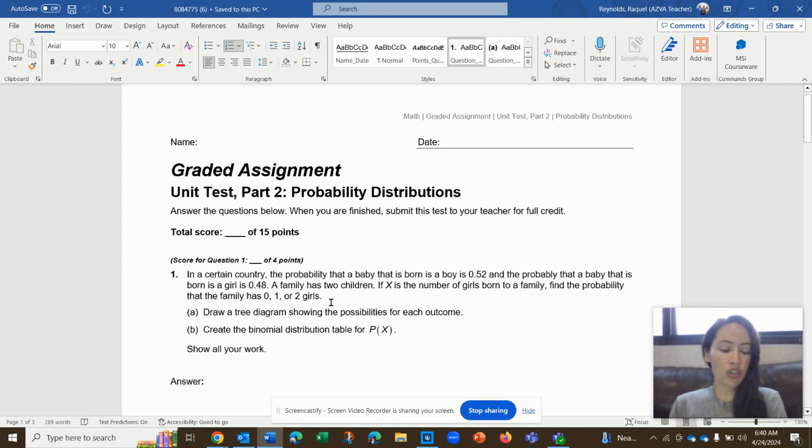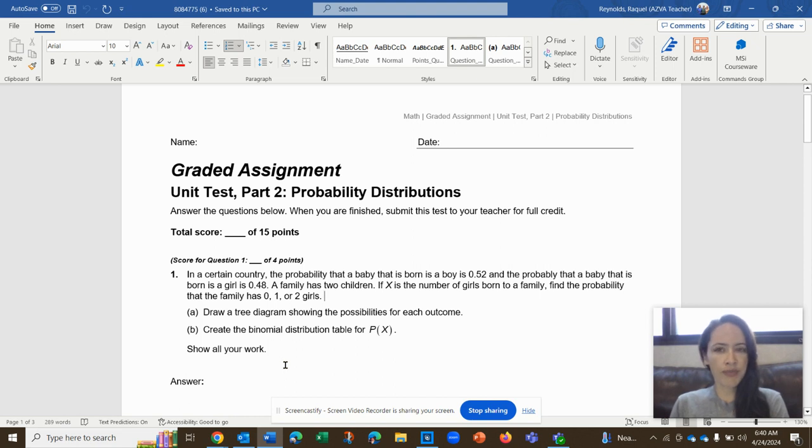A family has 2 children. If X is the number of girls born to a family, find the probability that the family has 0, 1, or 2 girls. Draw a tree diagram showing the possibilities for each outcome. This will help. And then create the binomial distribution table for P of X.